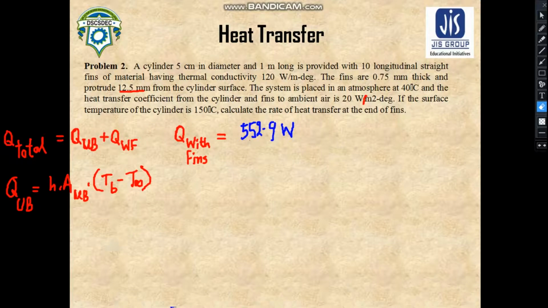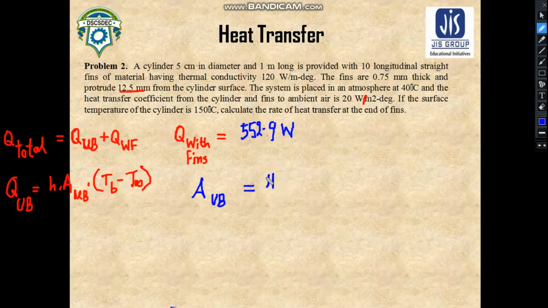So we need to find out this, and to find that we need to calculate the area of the unfinned base. And how can this unfinned base be calculated? We know this is very simple. It is pi d. I'm very sorry that I have written 2 pi over here.